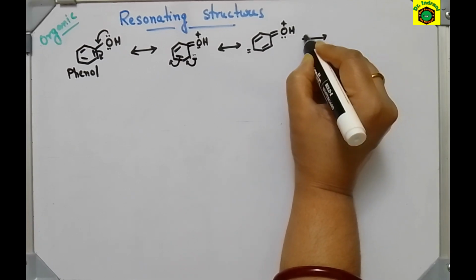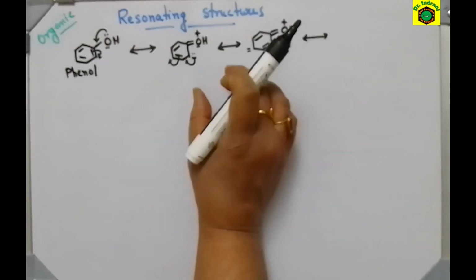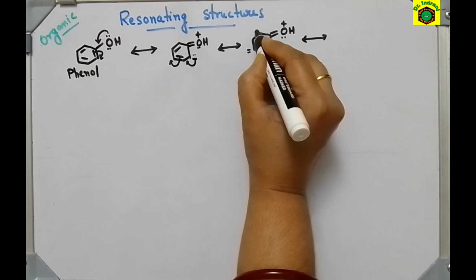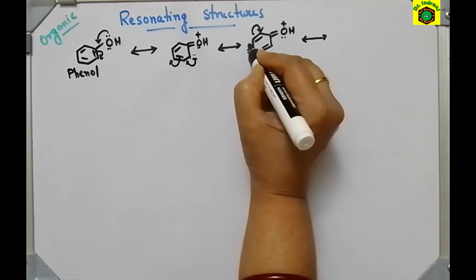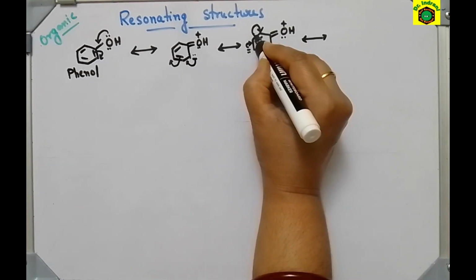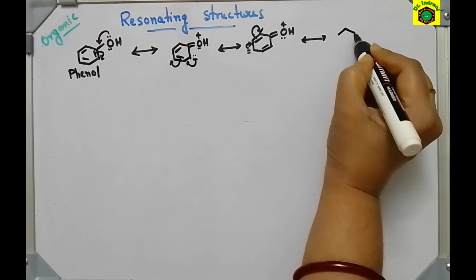Next structure, everywhere double headed arrow, between two structures double headed arrow. Shift this one, shift this here, the pi bond, okay, we are shifting. So next structure.